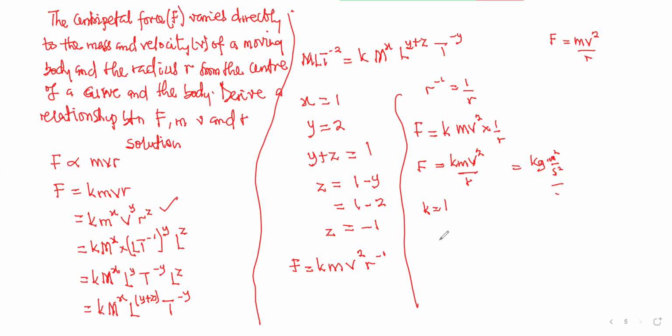So if K is equal to 1, then you have F being equal to mv squared over r. You have used dimensional analysis to determine the relationship between given quantities. So this goes to explain the third usage, which is using it to establish an equation between two or more given quantities. Class, is there any question?